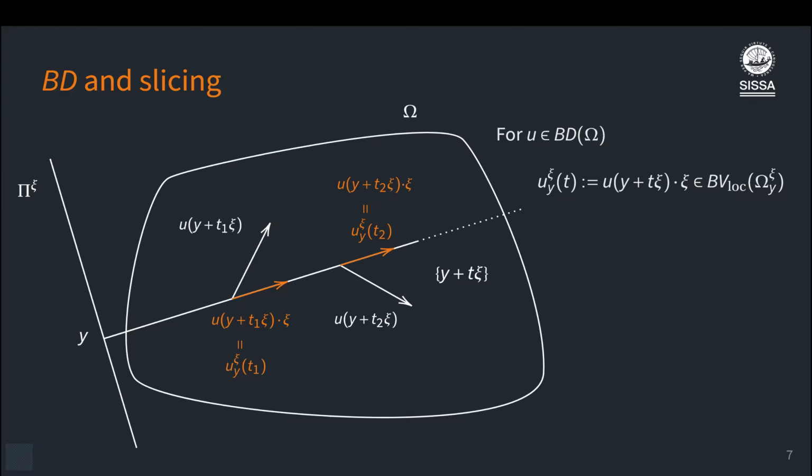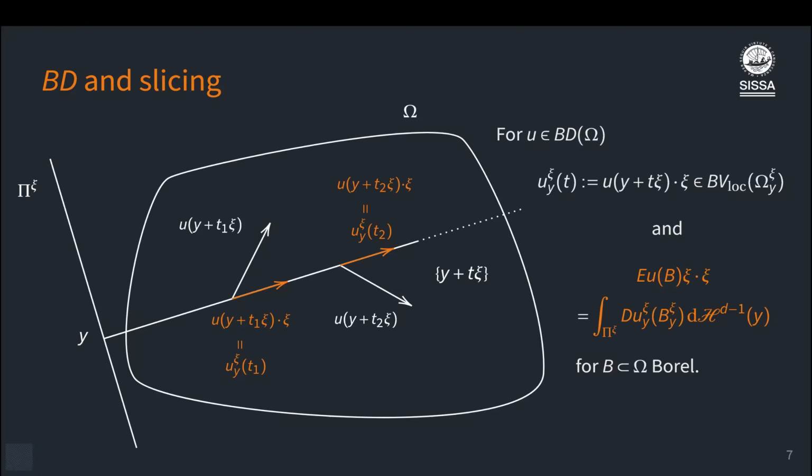If I project this vector on this line, what I obtain is this function u^ξ_y, and this is going to be, for almost every point in the plane, a function which is BV, so that I can take derivatives of it. And the key idea in all this machinery is that I can reconstruct the full symmetric gradient by averaging the derivatives of these functions.